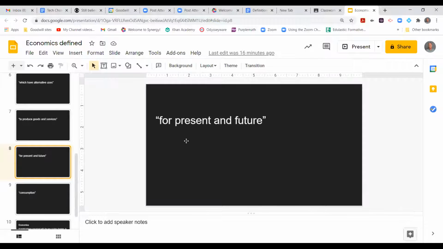So how those decisions are made, what goods and services are being produced for present and future consumption. I mean, oil is a perfect example. When it's consumed, it's gone. When you burn that gas in your car, it's gone. You need new oil to make new gas.